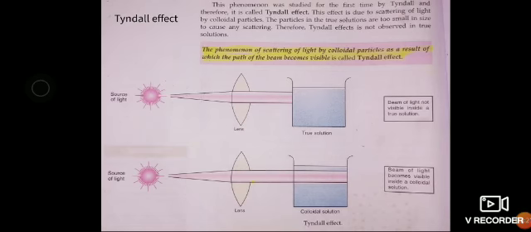The very next topic is the Tyndall effect. This phenomenon was first studied by Tyndall, therefore it is termed the Tyndall effect. This effect is due to the scattering of light by colloidal particles. It means if we strike a beam of light on a colloidal solution, scattering of light happens due to the presence of colloidal particles in it.